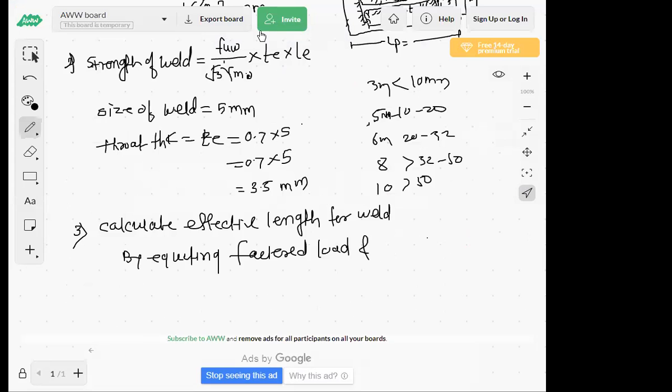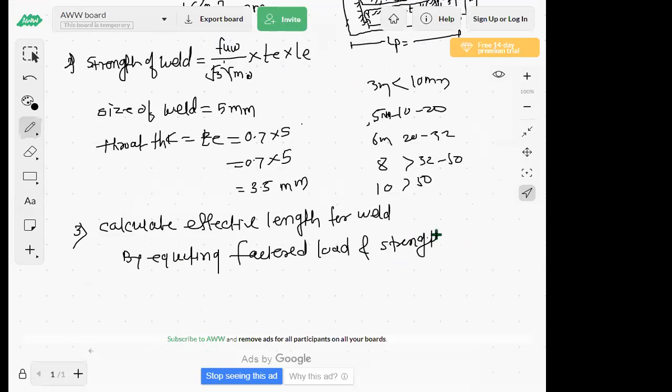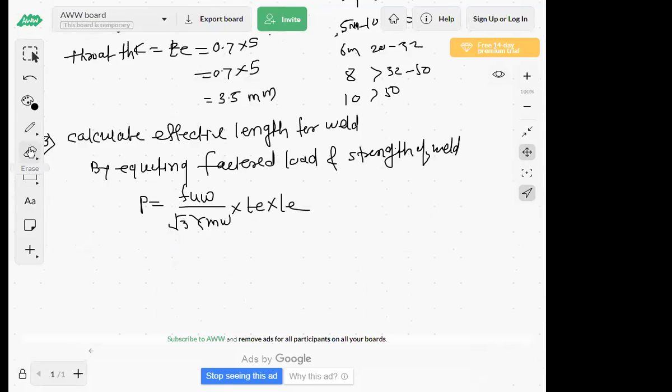By equating factored load and strength of weld. So factored load P is equal to strength of weld FUW divided by under root of 3 gamma MW into T into LW. So we have to calculate this effective length.